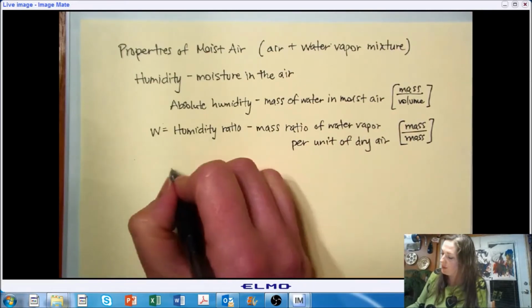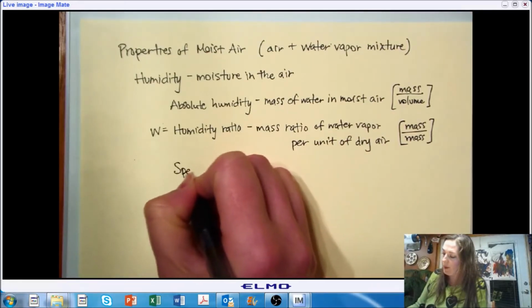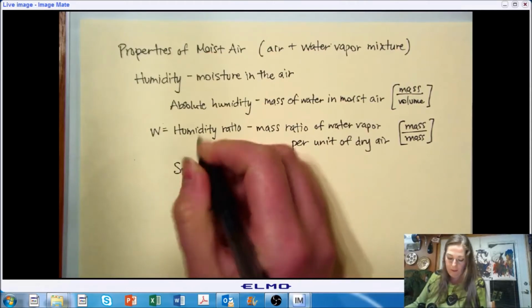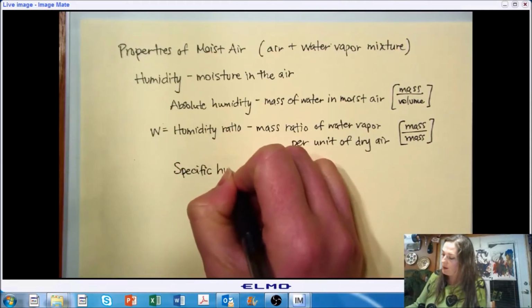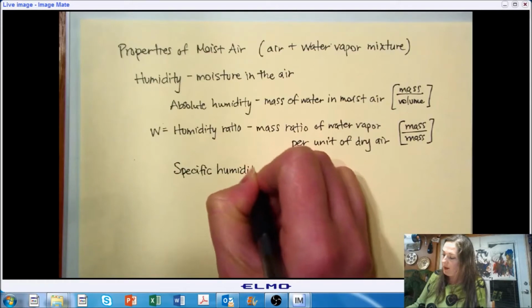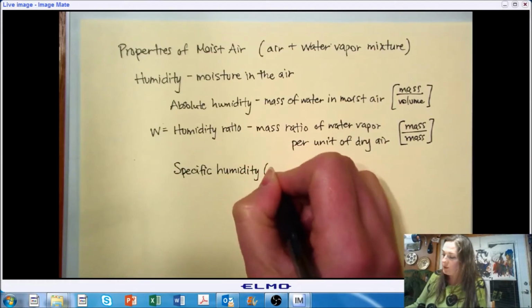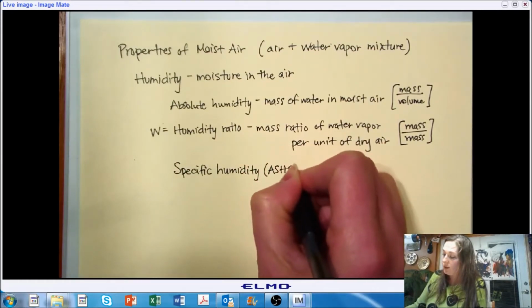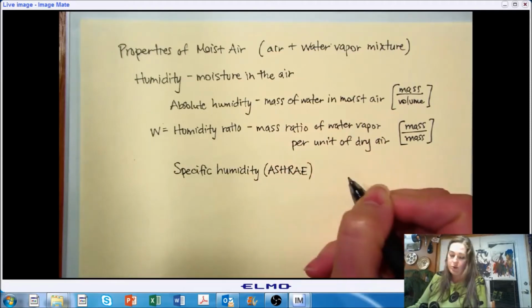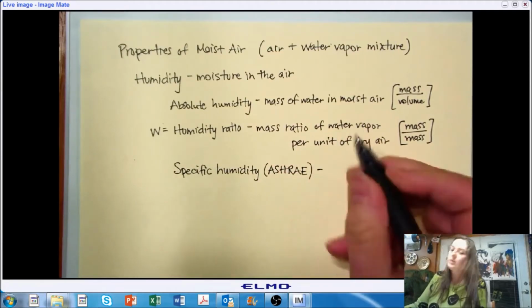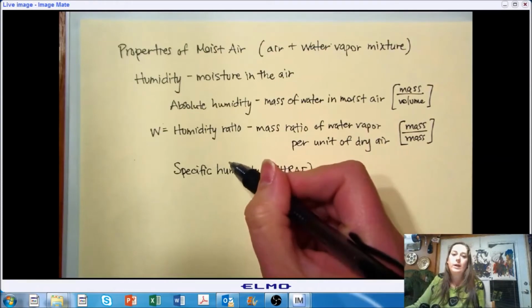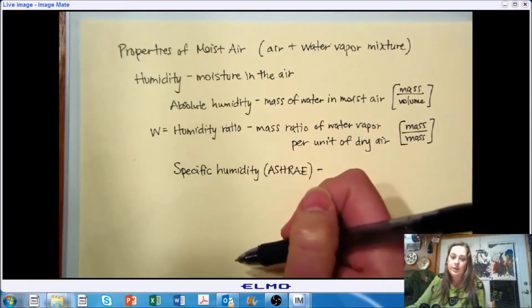The next one we're going to look at also isn't represented by a variable in your book. It is called specific humidity. And I've seen multiple definitions for specific humidity, so we are going to use the definition that is used by ASHRAE. So in some cases, specific humidity is defined exactly the same as humidity ratio.